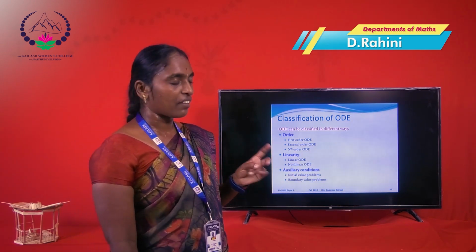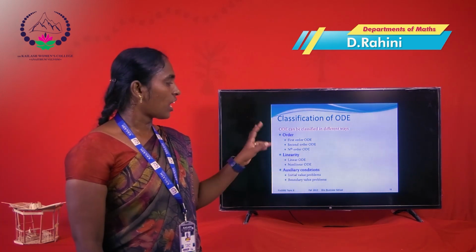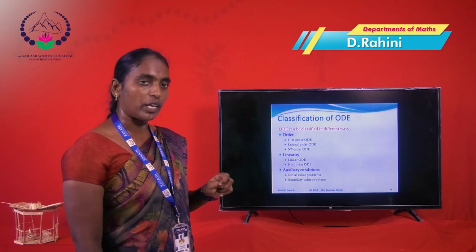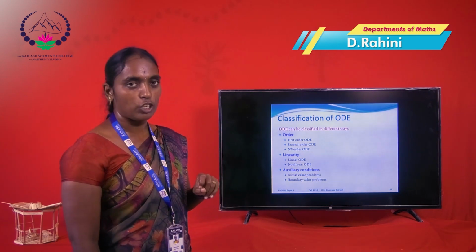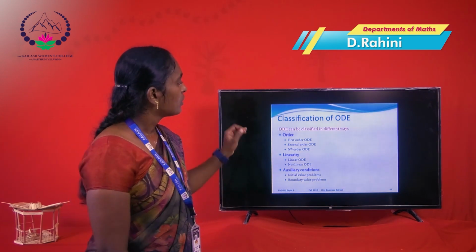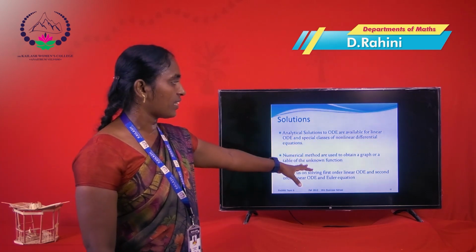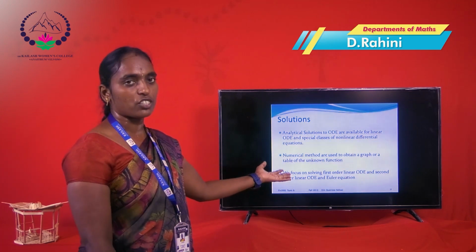In linearity we have two types: one is linear ODE and another one is non-linear ODE. Also, auxiliary conditions have two types: one is the initial value problem and another one is the boundary value problem. Next, solutions we already told. These are all examples of ordinary differential equations.